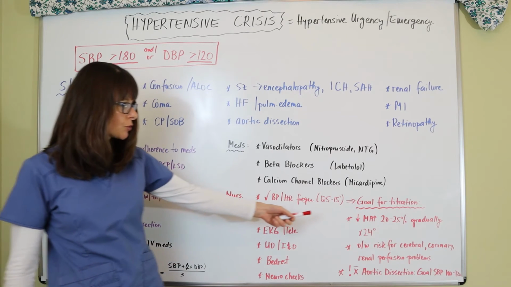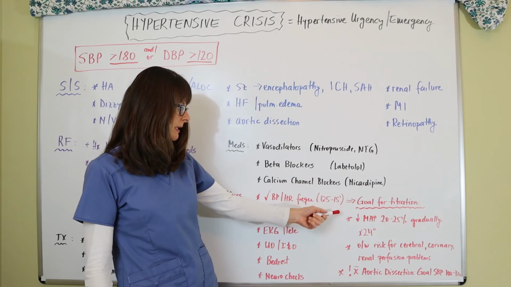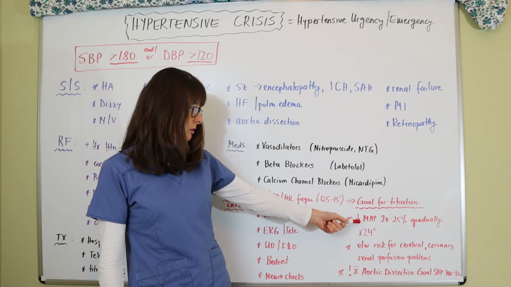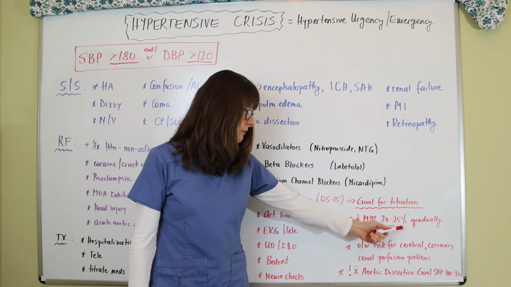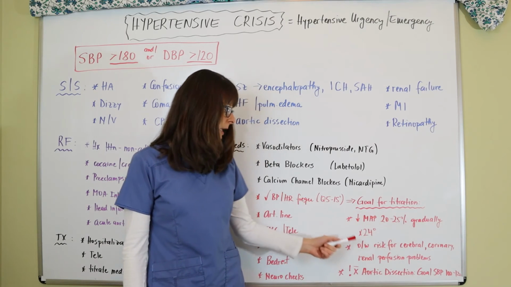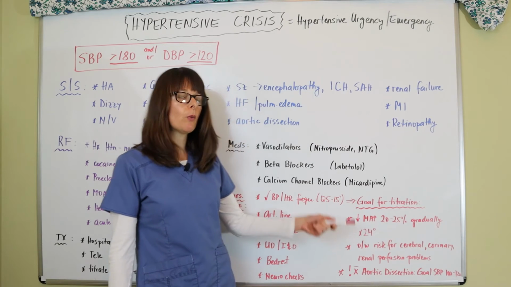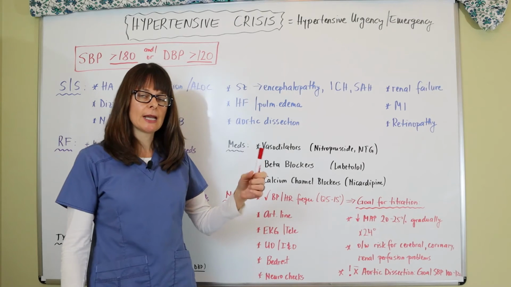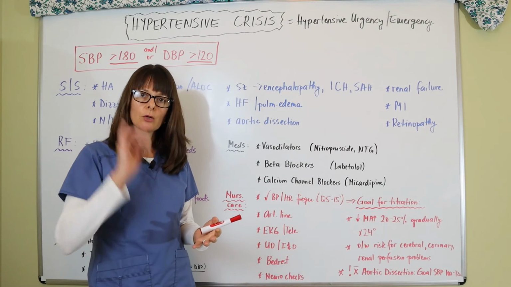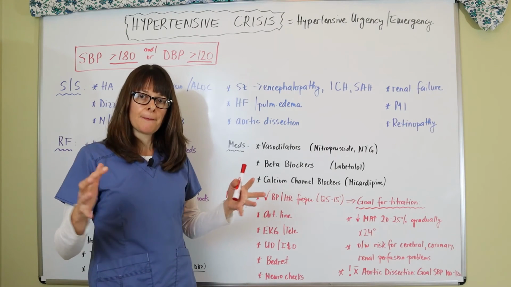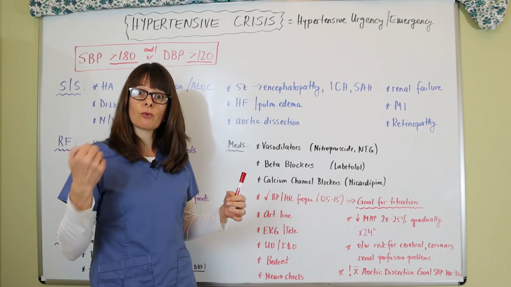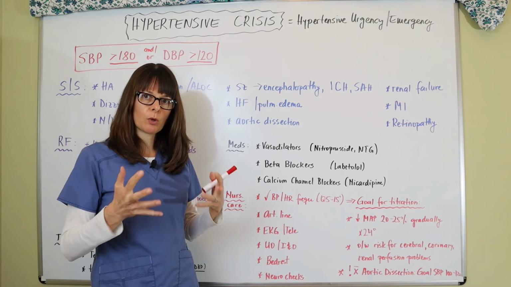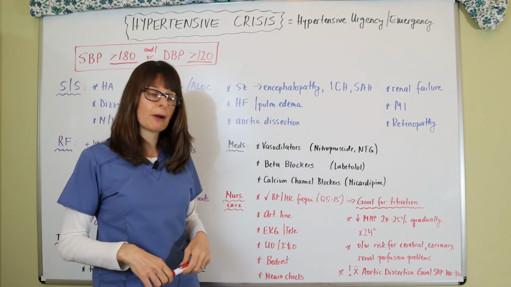The goal usually for the titration of any of these medications is to decrease that mean arterial pressure we just talked about by 20 to 25% gradually over 24 hours. So we don't want to drop a blood pressure that's 200 over 130 all the way down to 120 over 80 really quickly, because the body might not respond well, and all the RAAS and all the mechanisms that typically kick in when we drop our blood pressure will kick in, and then we have kind of a rebound hypertension.